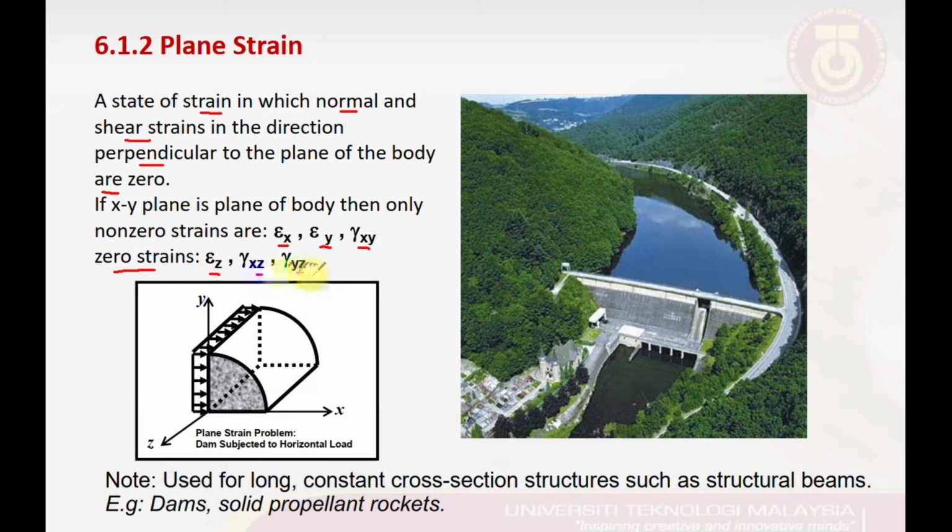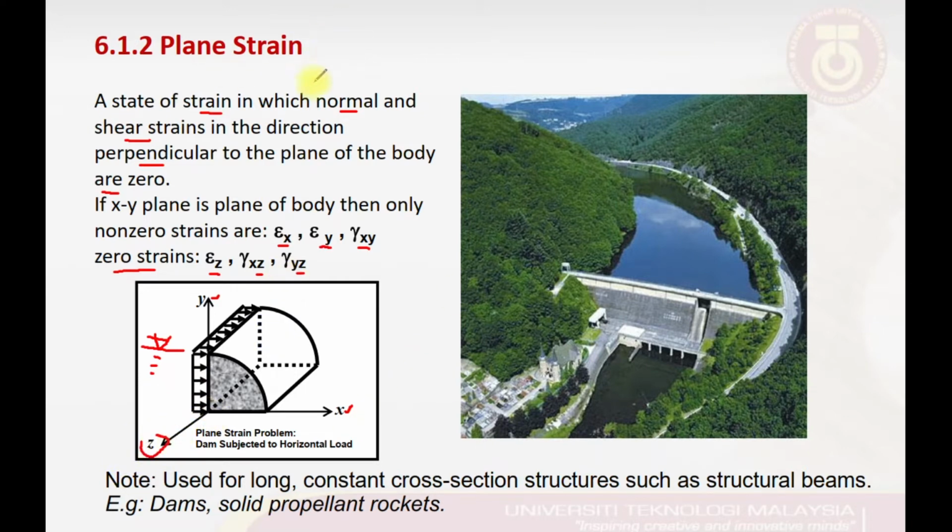If we look at this figure here, we have a dam which is subjected to pressure that comes from the water, and the plane of the body is the xy plane, then the thickness is in the z direction.